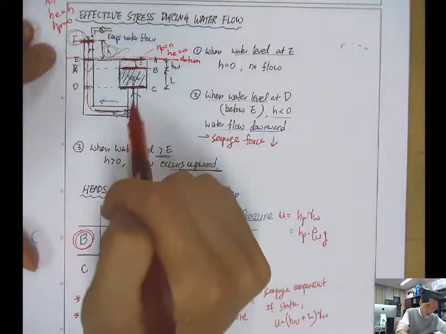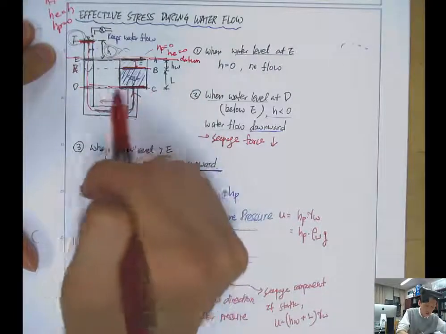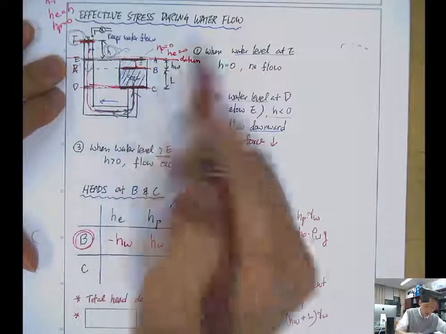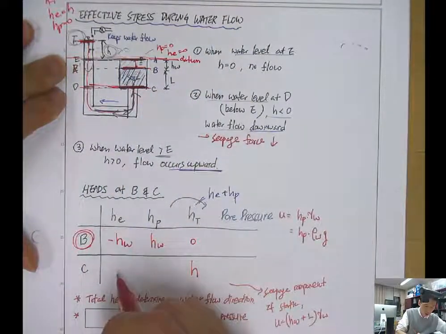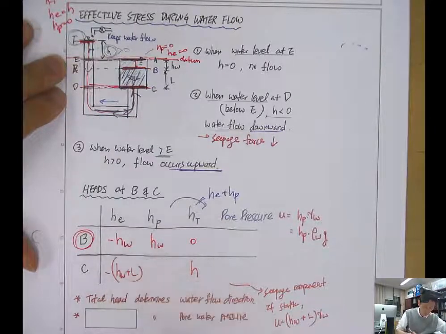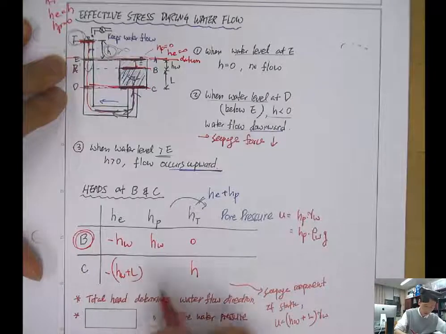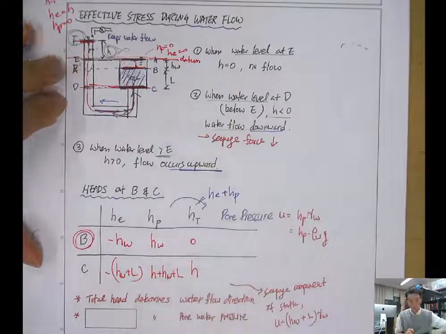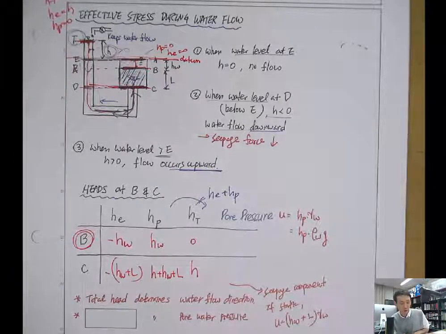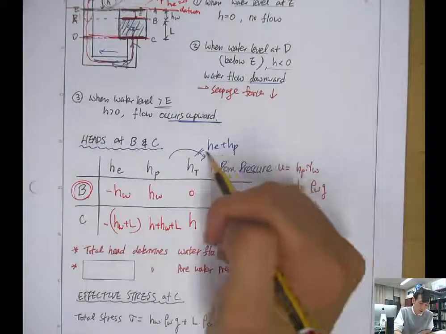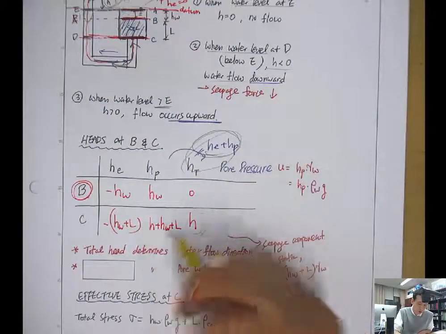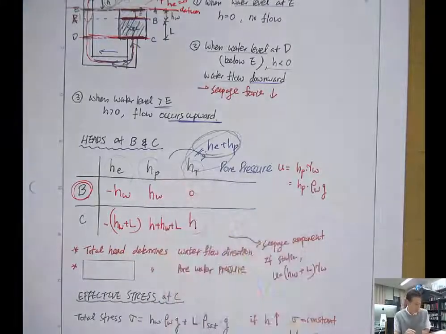And we know the elevation head is minus HW minus L. So from this and this, you can compute that the pressure head is H plus HW plus L from the conservation. So from this relation, because you know the total head HT and the HE, you can compute the HP.